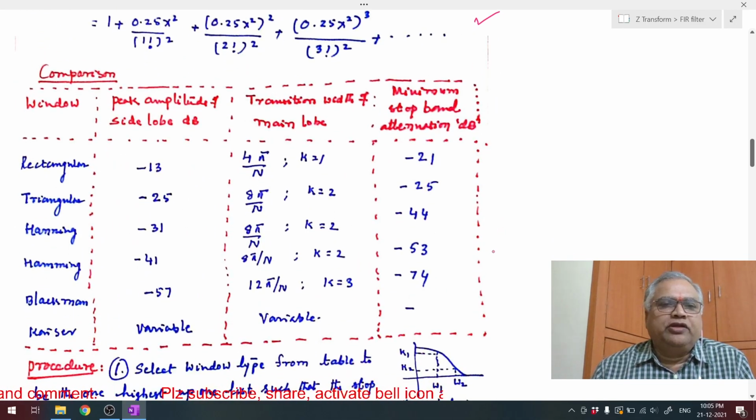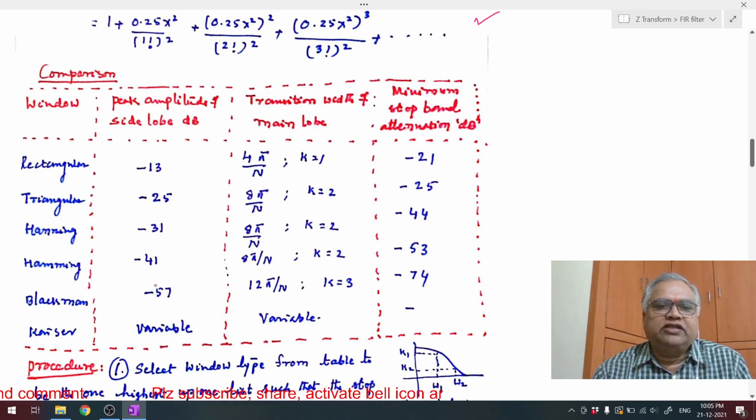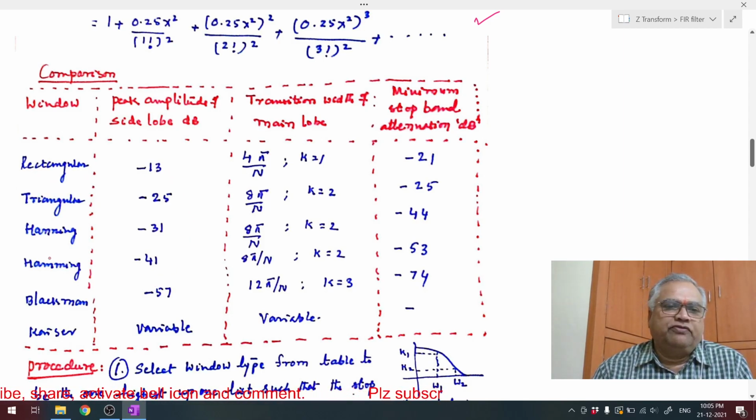Then if you compare all the windows, starting with the rectangular window, look at the peak amplitude of side lobes; always remember the side lobes are in negative dB. Increasing means the levels are decreasing, the amplitude value is decreasing. So that is the advantage of every window.